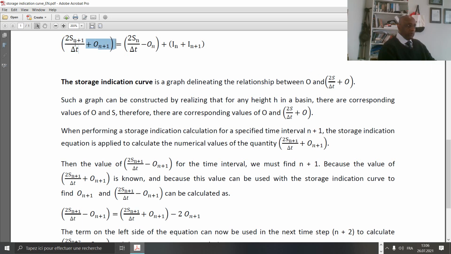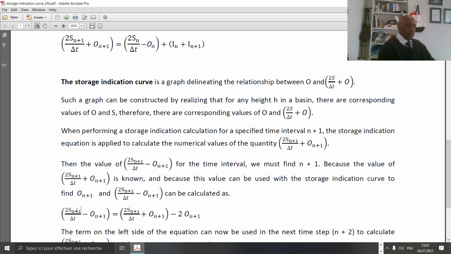Now we have the value of this equation. And now we can go to the curve and calculate the outflow discharge, and subtract 2 times the outflow discharge from this equation to find this one.